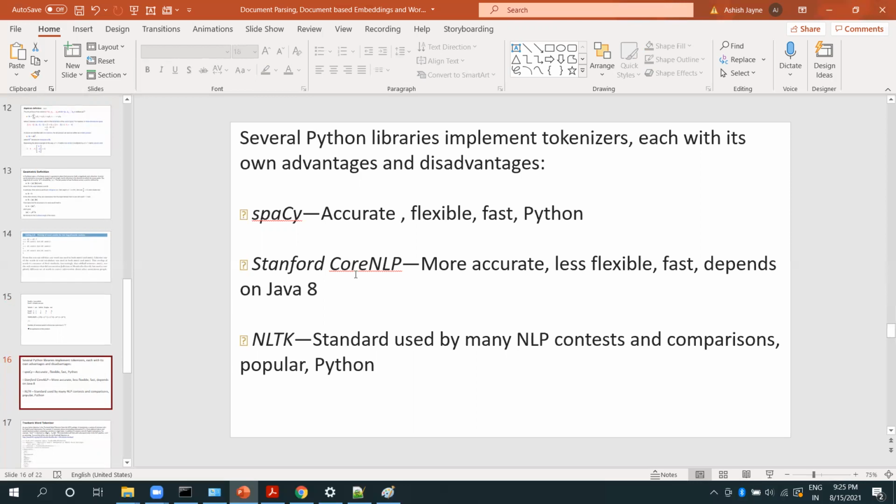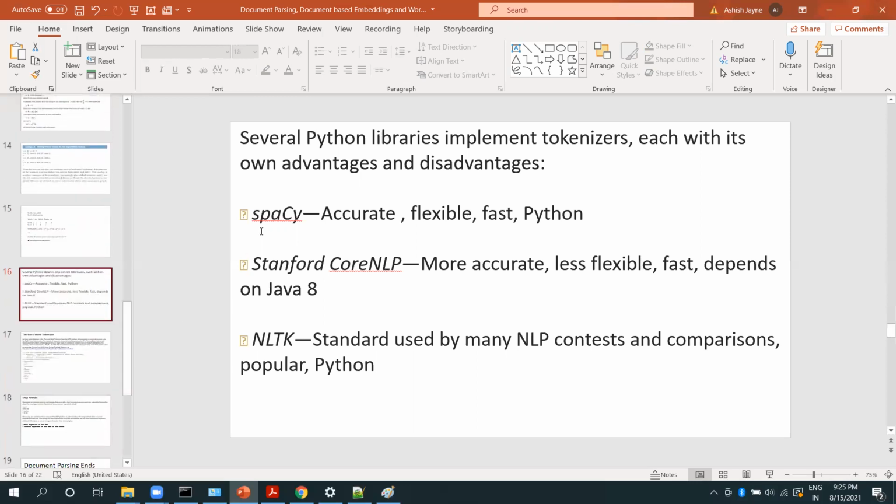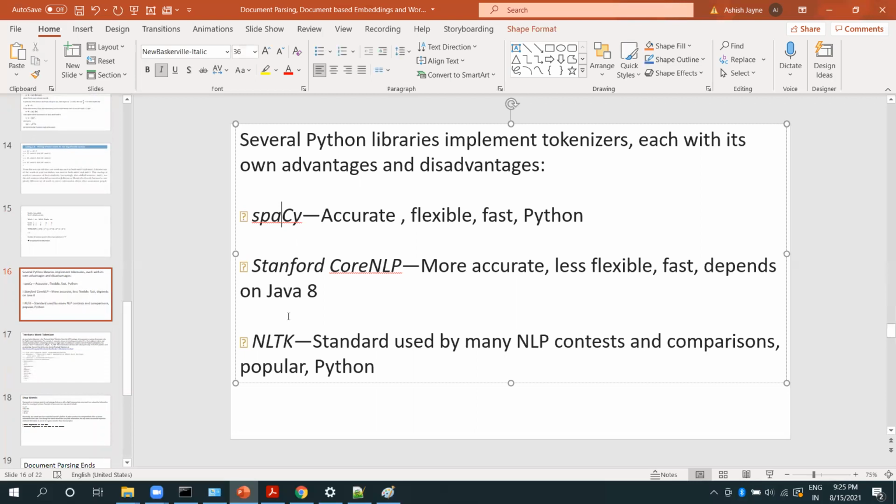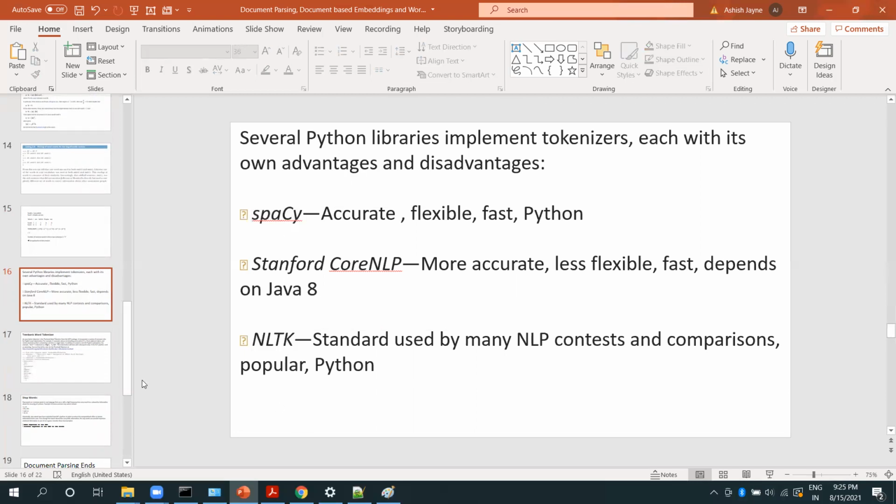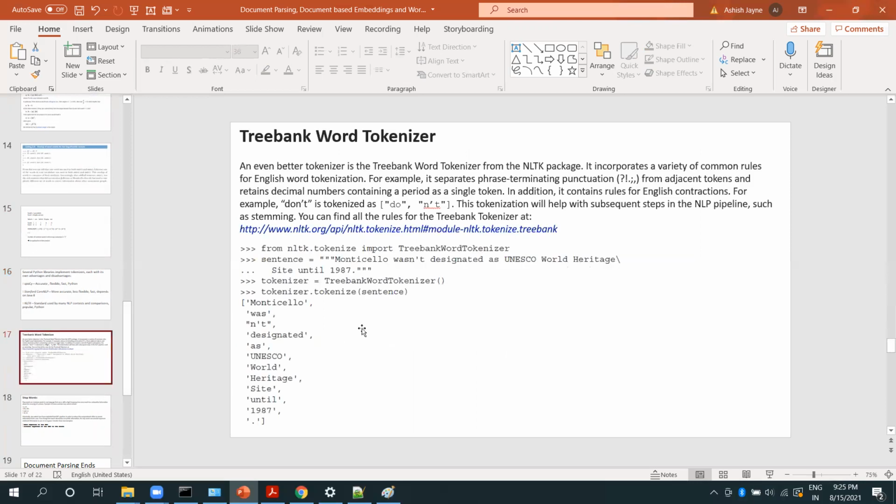Stanford CoreNLP I have personally not used, as it uses Java, and most of the work I have done is in Python. It's good to remember these two packages for now, as most of our examples are in Python, and this book is also written in Python.